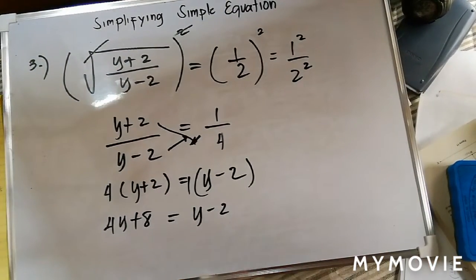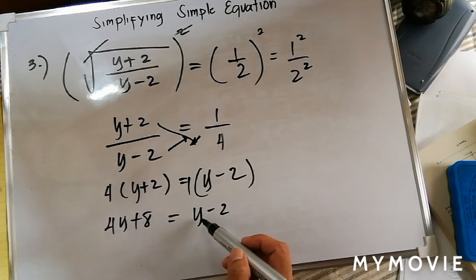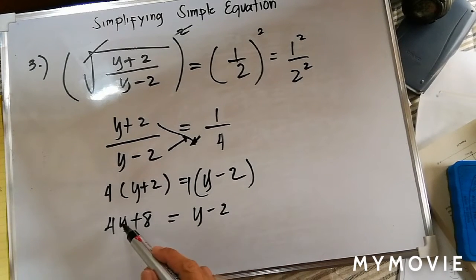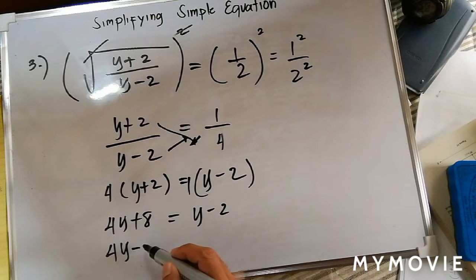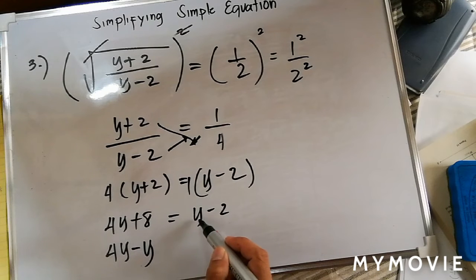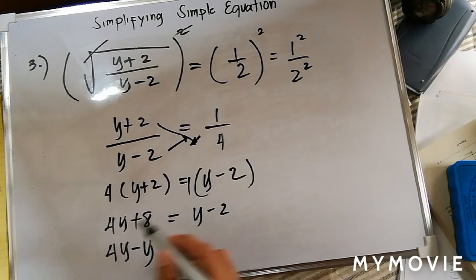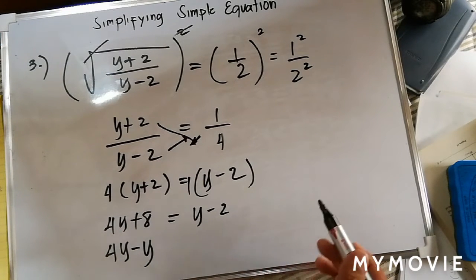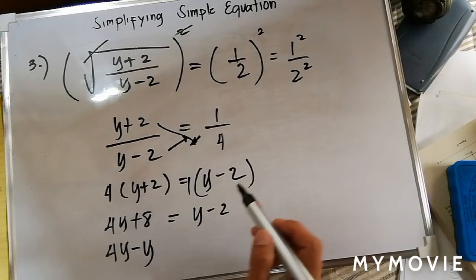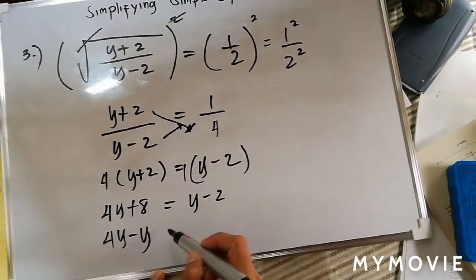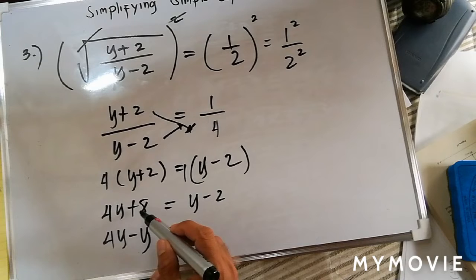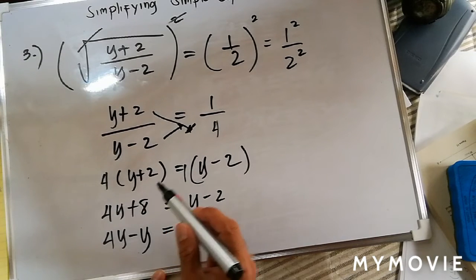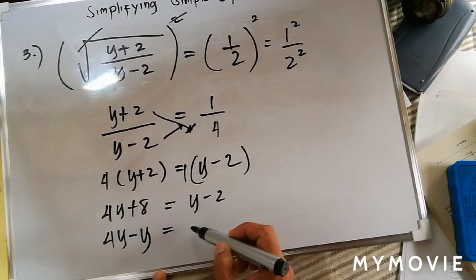We can now transpose to eliminate y. We transpose y to the left side, so 4y minus y; the positive y becomes negative when transposed to the left side. The whole number 8 we transpose to the right side, so it becomes negative.